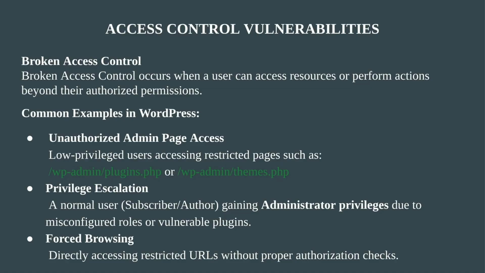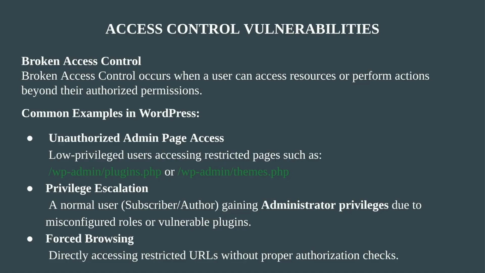Access control vulnerabilities. Broken access control occurs when a user can access a resource or perform an action beyond their authorized permissions. For example, a low privilege user such as a subscriber might directly access a restricted admin page like wp-admin/plugins.php or wp-admin/themes.php.